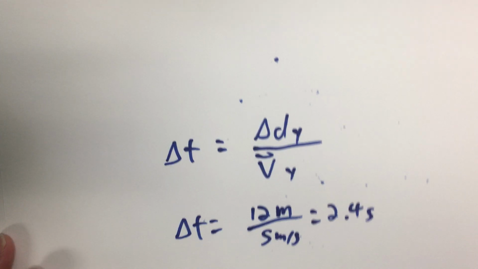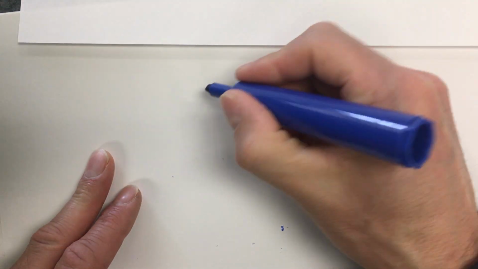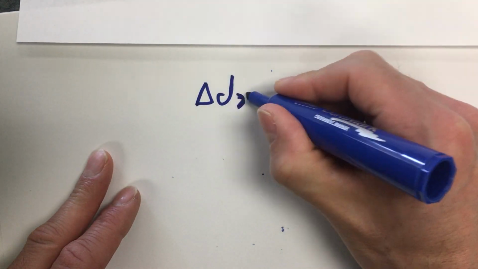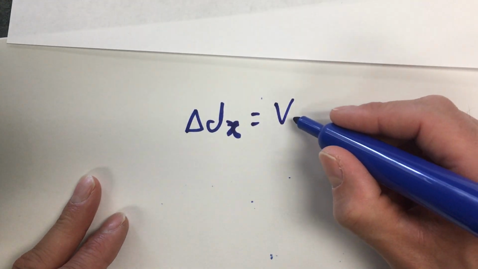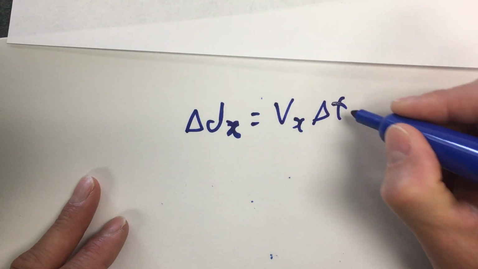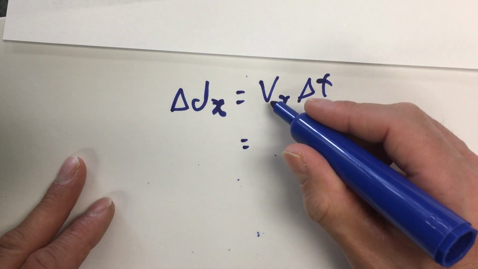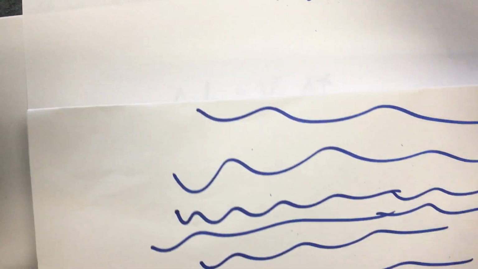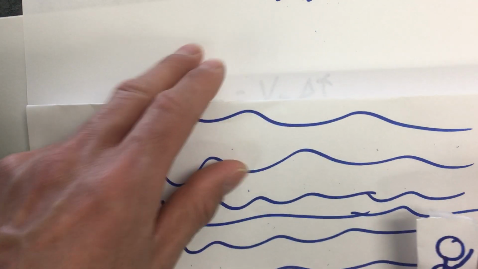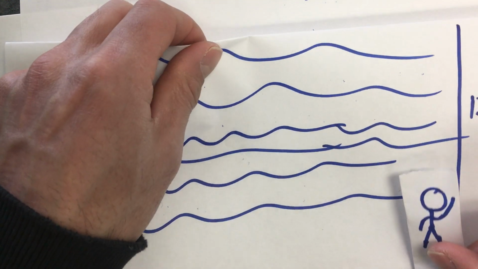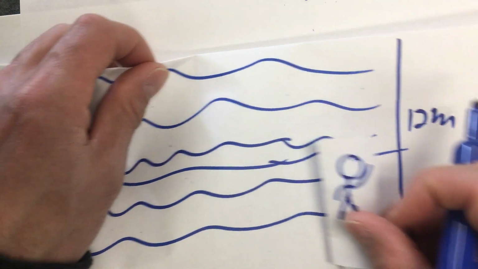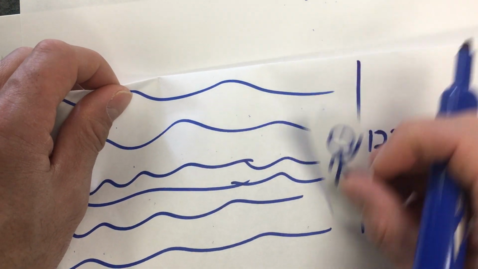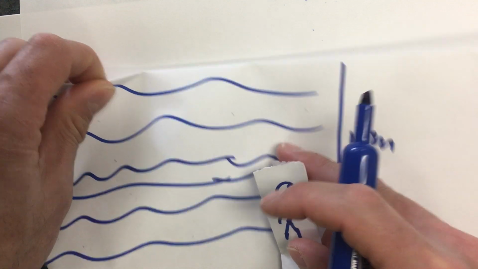See, what we're interested in now is what was the man's displacement in the x direction? Well, that's going to be equal to his velocity in the x direction times the amount of time that took. His velocity in the x direction was based entirely on the velocity of the water. You see, as he's making his way across, he's swimming north and the water's moving west. His westward motion depends entirely on the motion of the water.